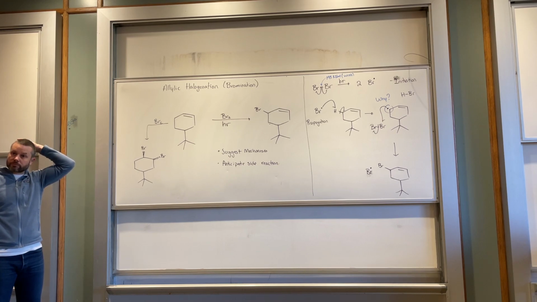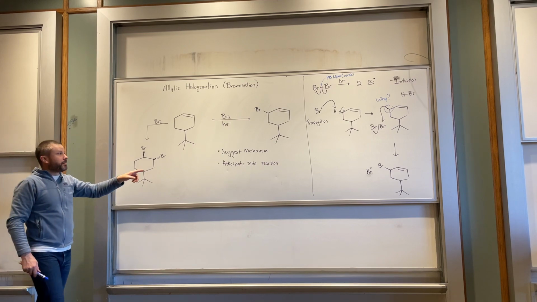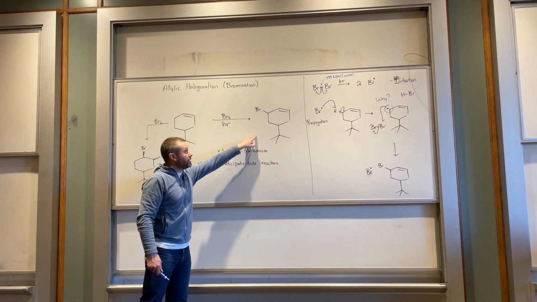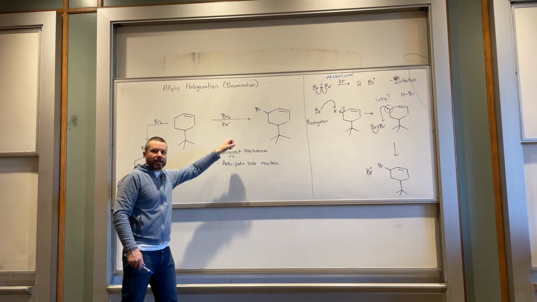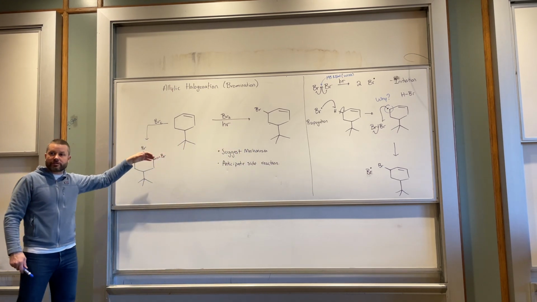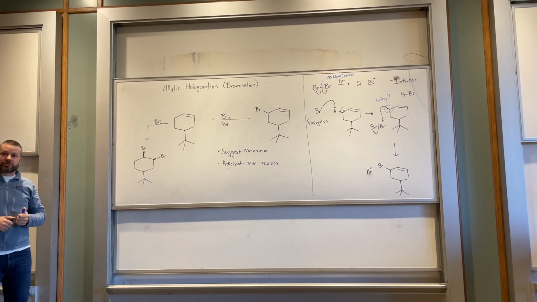Make it colder? So there might be a kinetic effect, right? So maybe the radical halogenation is a kinetically faster reaction, and this is a slower reaction. So by making it colder, we can maybe reduce the side reaction. I don't know if that's true until we actually run the reaction.